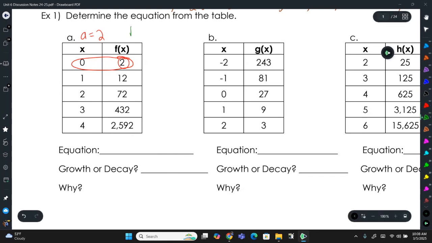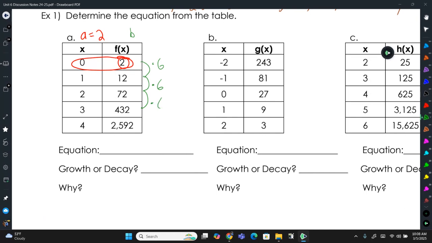Now to get the b value, we need to figure out what happens to the y values as my x's go up. So I have x equals 0, 1, 2, 3, 4. What is happening to y? Well, to get from 2 to 12, I multiply by 6. From 12 to 72, I also multiply by 6. So since I'm multiplying the previous y value by 6, that becomes our b value.